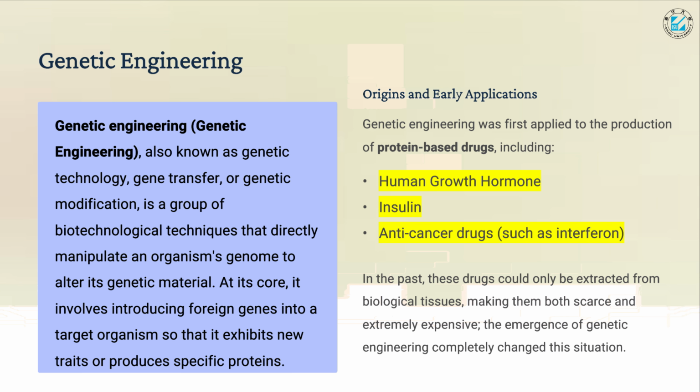With genetic engineering, human genes can be inserted into microorganisms such as bacteria or yeast. These organisms can act as biofactories to produce human proteins in large quantities. This completely changed the production model of modern medicine.